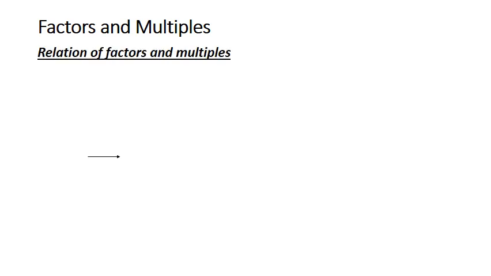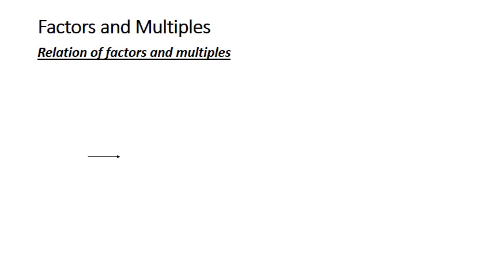Now, to understand more about factors and multiples, let's see how they are related with each other, how they are connected with each other. For that, we should know the relation of factors and multiples.